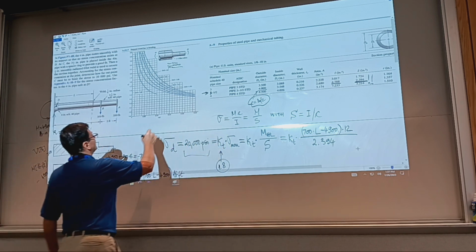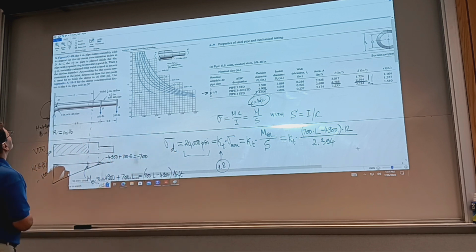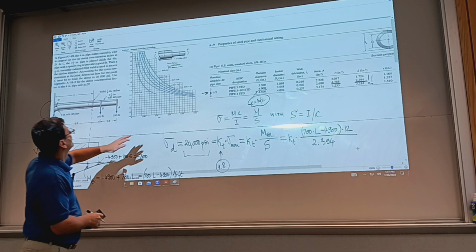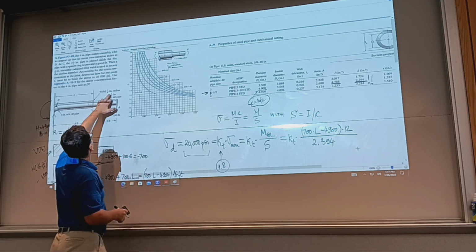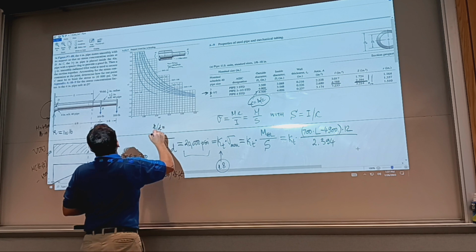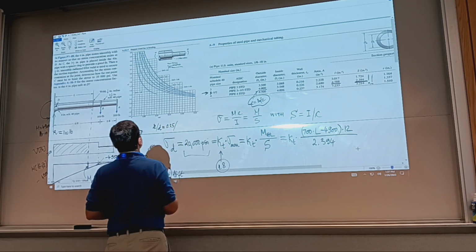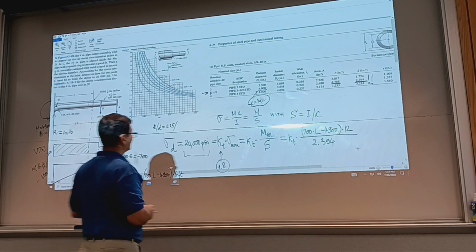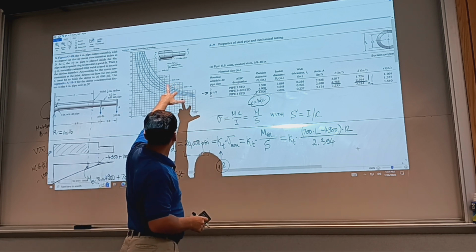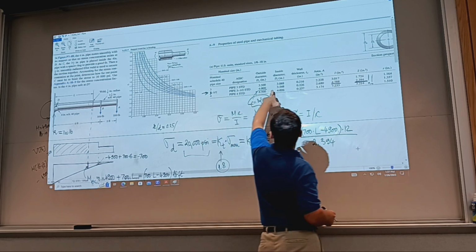Well, we need to evaluate R over D. This is for the radius, it's given. So R over D is 0.25 inches, and D is going to be the outer diameter of the smaller diameter pipe.